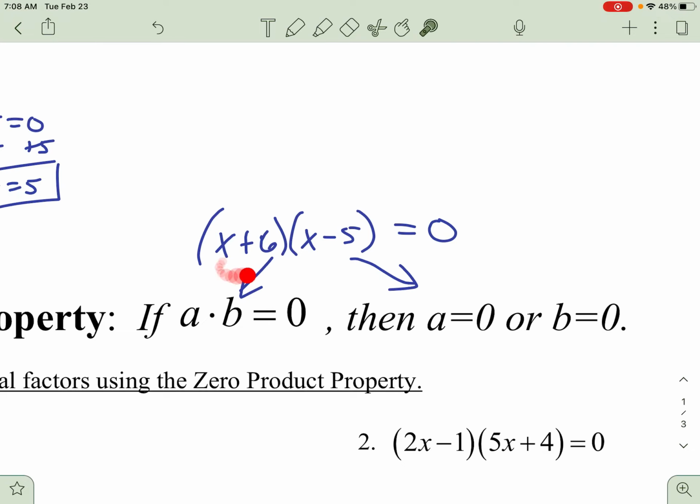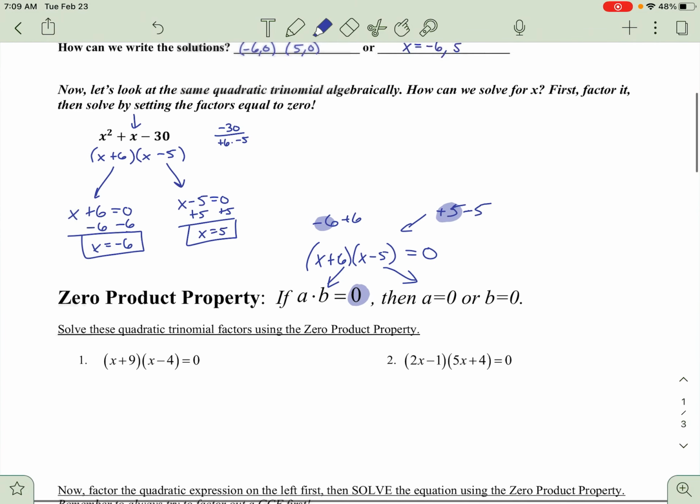So either x plus 6 would be 0. Well, what would make that a true statement? Negative 6 plus 6 would be 0. What would make this one a true statement? Positive 5 minus 5 would equal 0, right? So our solutions are the numbers that would make these parentheses 0 so that it would equal 0 in whole.